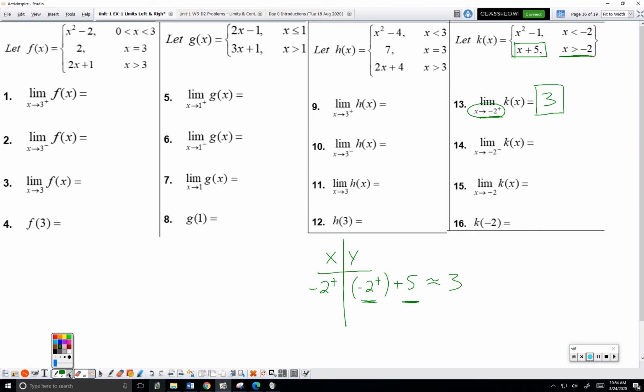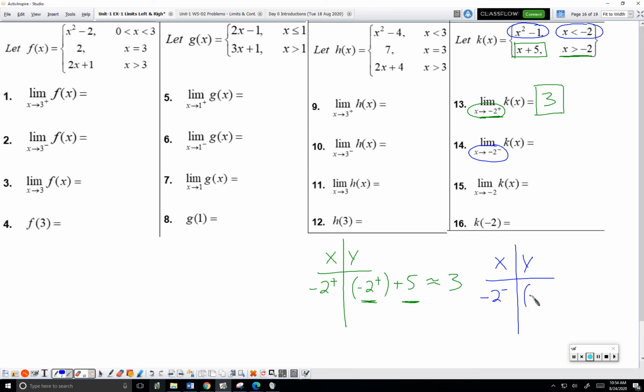When x is infinitesimally negative of -2, it means x is just barely less than -2. Use this formula. X is just barely negative of -2.